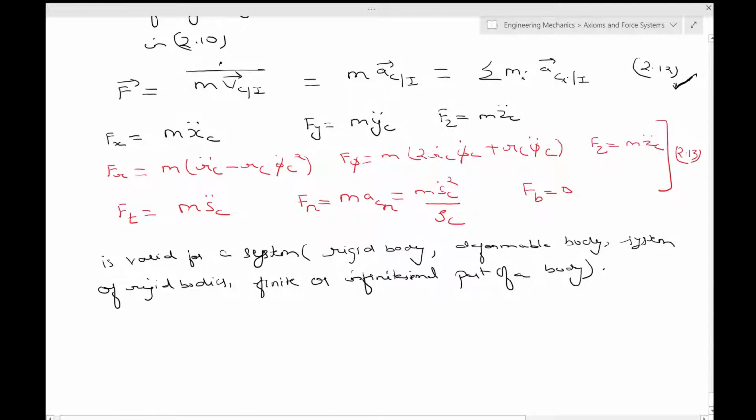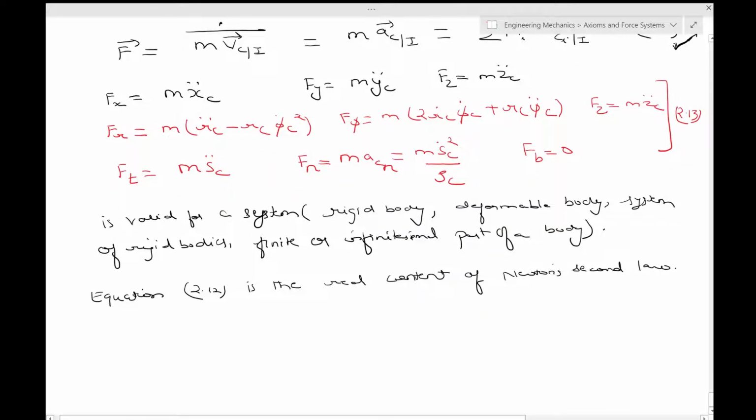So equation 2.12 is the real content of Newton's second law. You perhaps knew this anyways, but we are just stating it as if you are learning everything now.